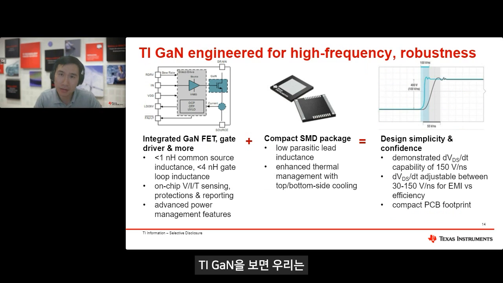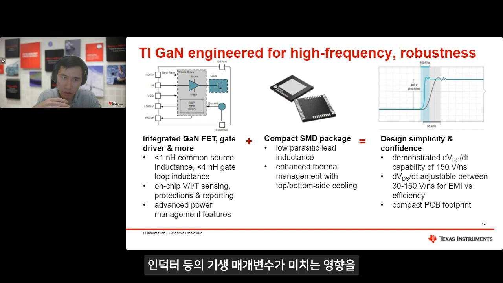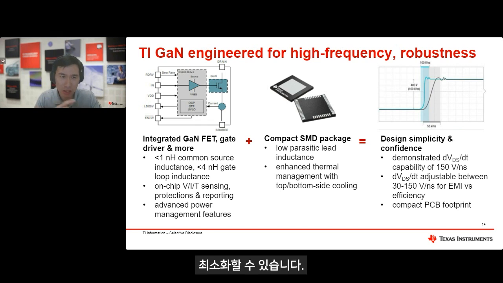For TI GaN, we are developing the GaN technology based on our several decades of experience in analog devices, especially in driver design. We are not making just the device itself; we are doing the driver integrated solution, so that when you do this kind of very fast switching, the influence from parasitic parameters like inductances can be minimized.